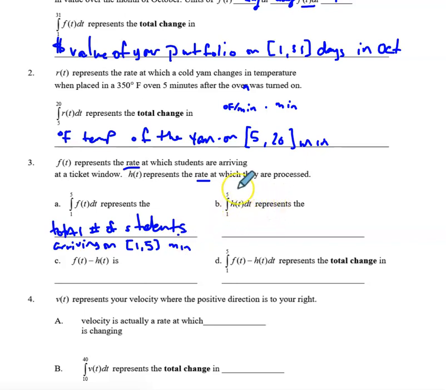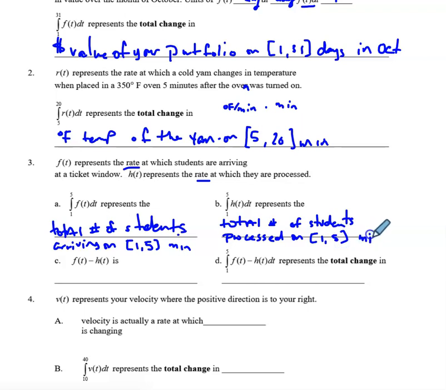Well, h of t represents the rate of processing, still going to be in students per minute. dt is still going to be in minutes, so it's still going to be a total number of students. So in this case, we're going to have total number of students processed. Basically, the total number of students who had tickets sold to them. Total number of students processed on the interval from 1 to 5 minutes.